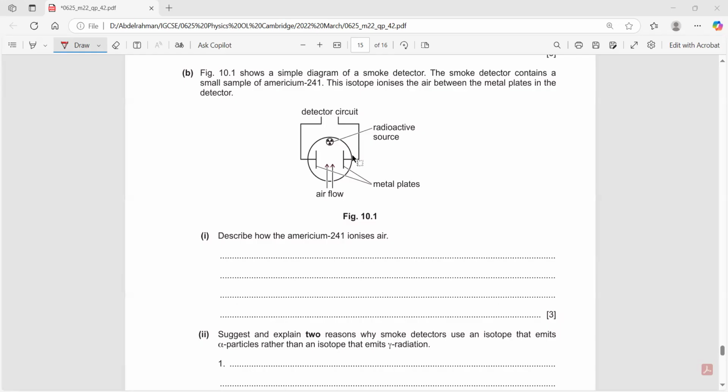So as alpha particles move close to the air particles, they remove electrons from them.